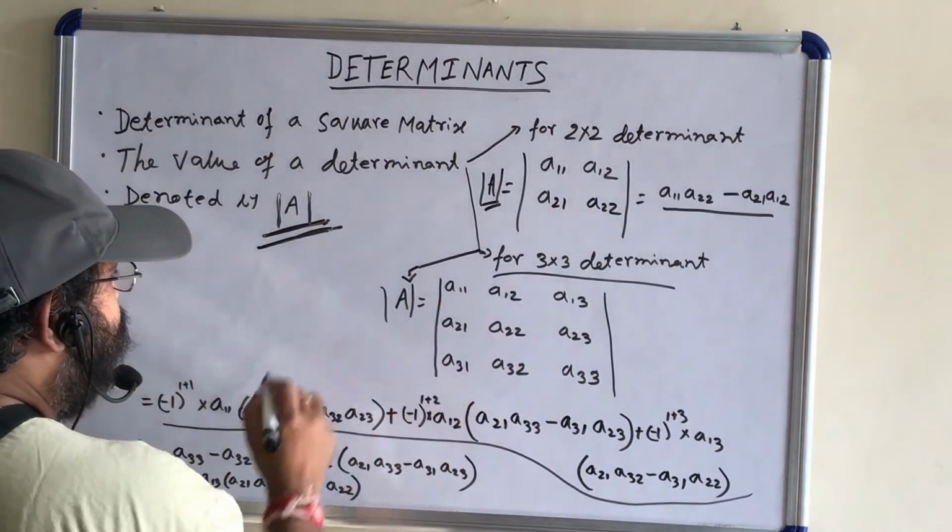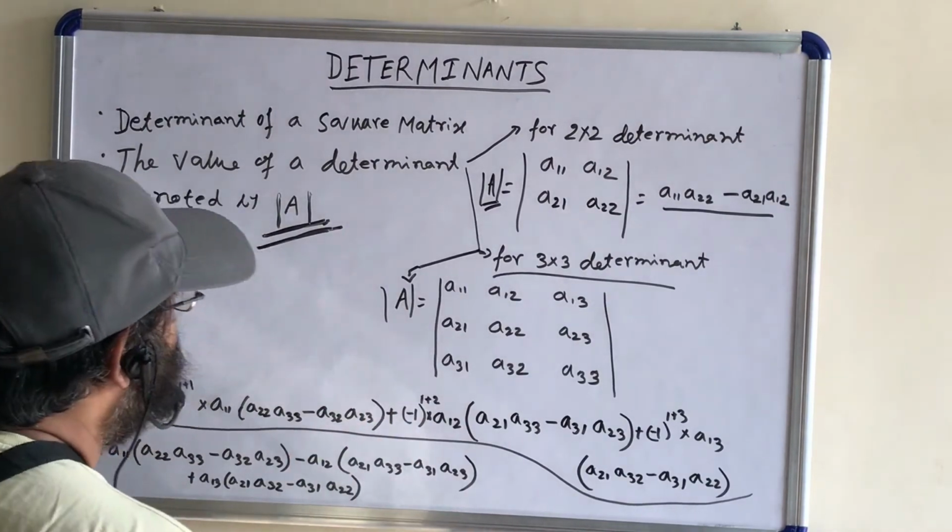For the first element, the row number is 1 and the column number is 1.